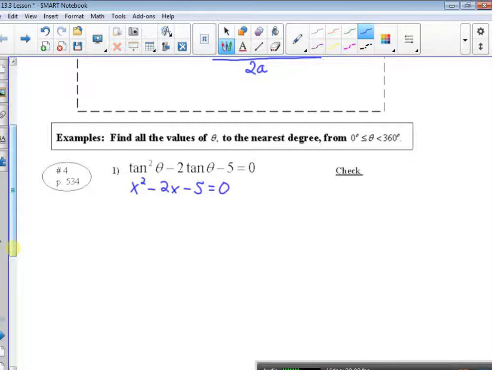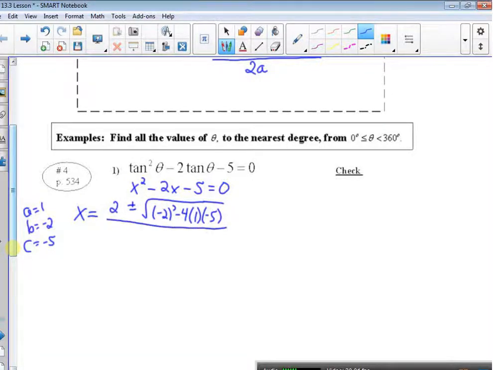So using the quadratic formula, I'm going to do x equals, so a is equal to 1, b is equal to negative 2, and c is equal to negative 5. So x equals 2 plus or minus the square root of b squared minus 4 times a times c, all over 2a.